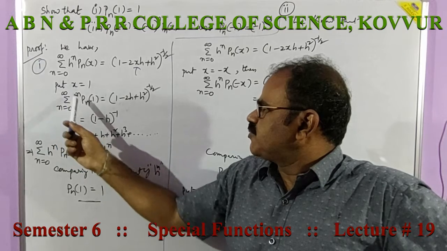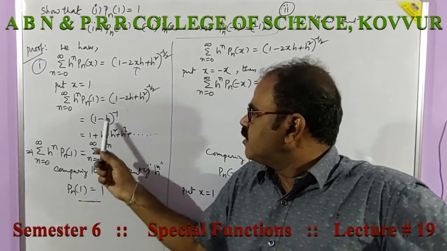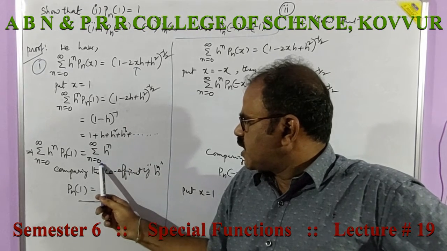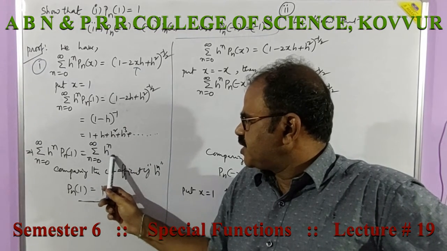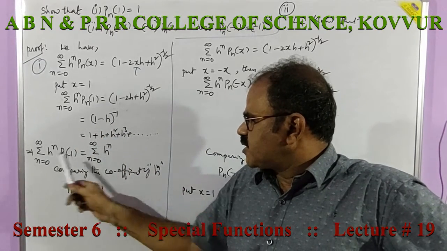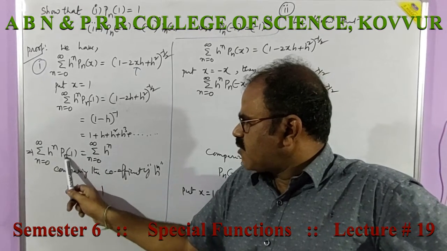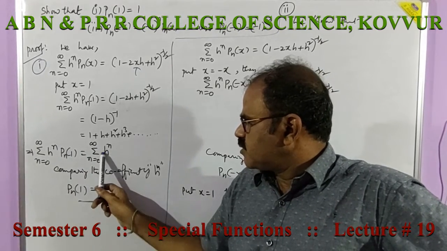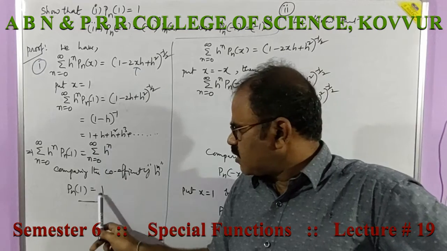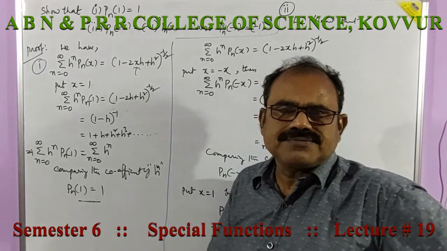Sigma n = 0 to infinity h^n Pn(1), and on the right hand side you got sigma n = 0 to infinity h^n. Comparing the coefficient of h^n on both sides, what you have? Pn(1) is equal to, what is the coefficient of h^n here? 1. So Pn(1) is 1, right?